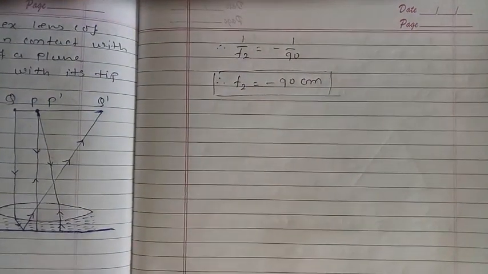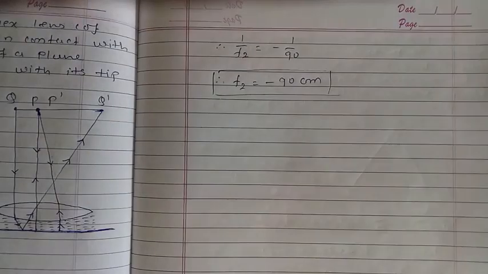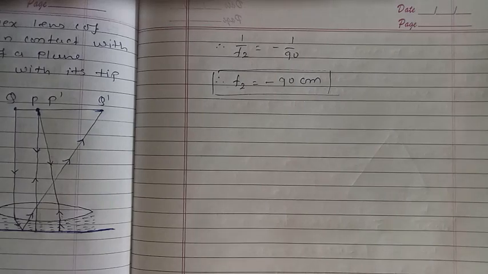Now we know the value of f2, and we have to use the lens maker's formula. 1 by f is equal to (n2 minus n1) upon n1 into (1 upon r1 minus 1 upon r2), right? So we have to find out the radius of curvature. To find the radius of curvature, we use the lens maker's formula, right?